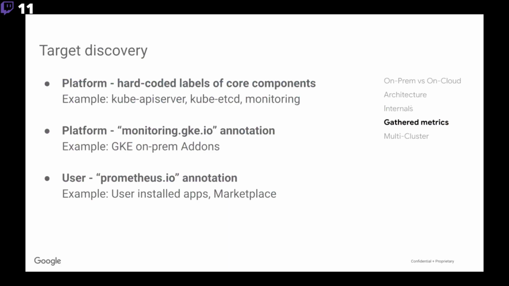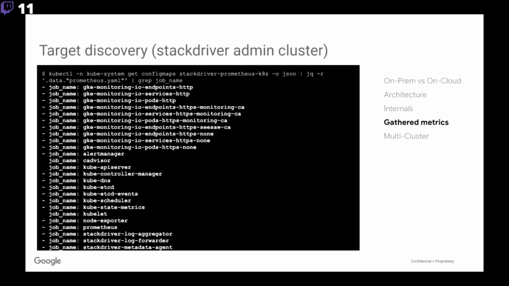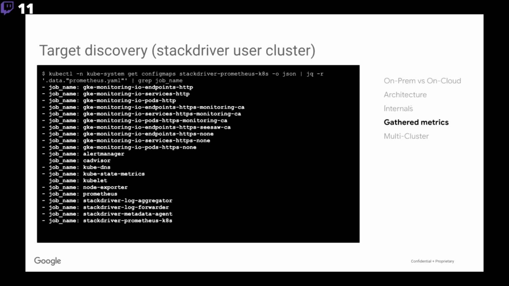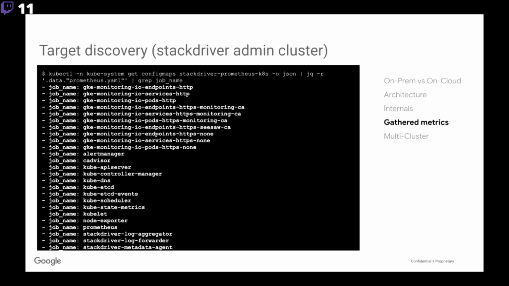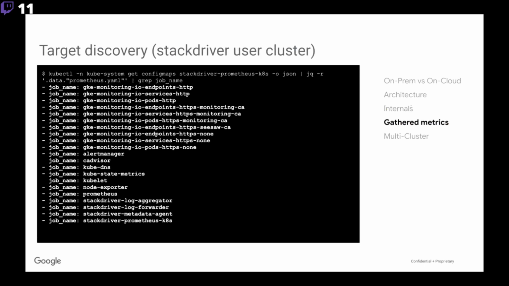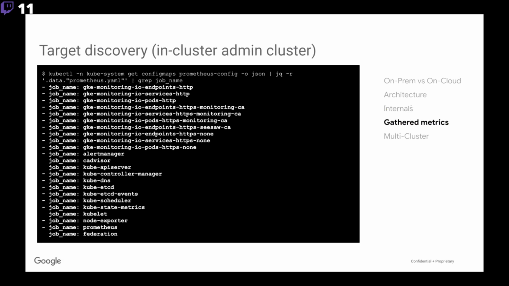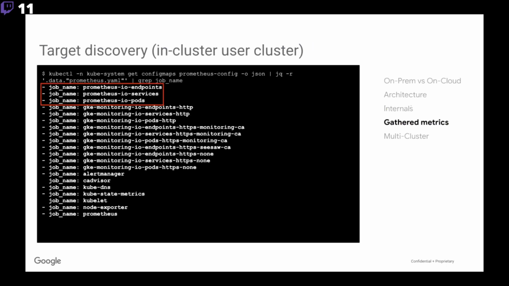This behavior is pretty much the same as the open source Prometheus server. Anyway, these are some of the jobs that are pre-made into each and every one of these cluster stacks. So this is for the Stackdriver stack in the admin cluster, the Stackdriver stack for user clusters, and the in-cluster admin cluster, and the in-cluster user cluster.